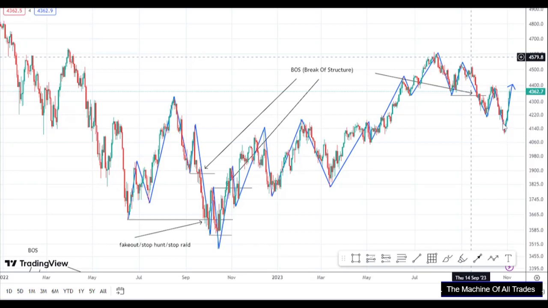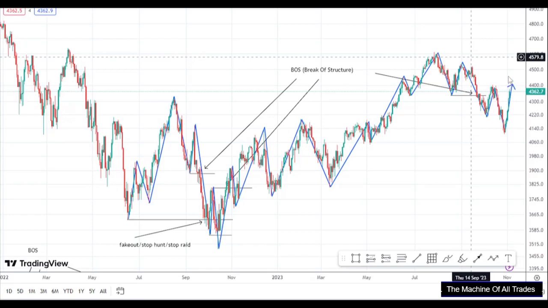The market might even go up to make a higher high, and that higher high might be a fake out or a shift of market structure.